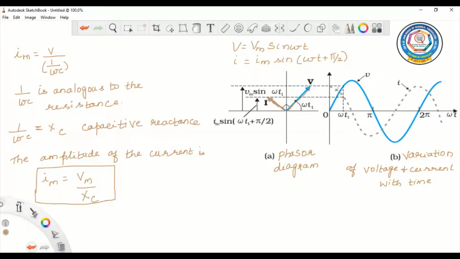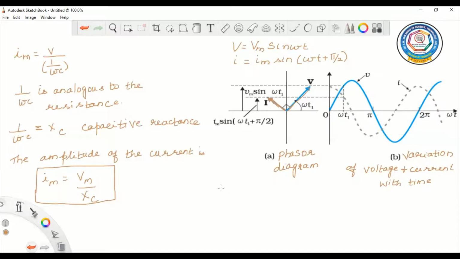But look at the voltage. When the current is here, voltage is 0. So you can very well say that the current reaches its maximum value earlier than the voltage by 1/4 of a period. So this is the phasor diagram and this is the variation of voltage and current with time.